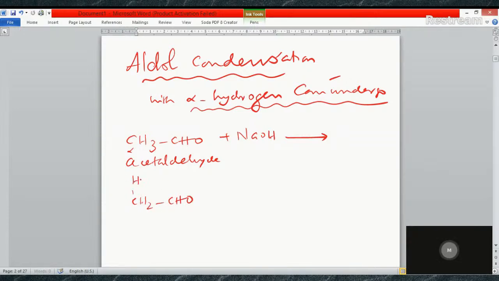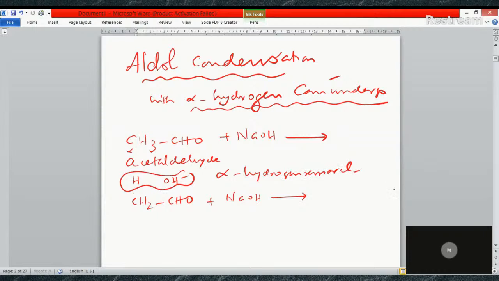So I can write it as HCH2CHO on reaction with sodium hydroxide. The OH will take up this hydrogen. So it is called alpha hydrogen removal, also known as alpha hydrogen abstraction.